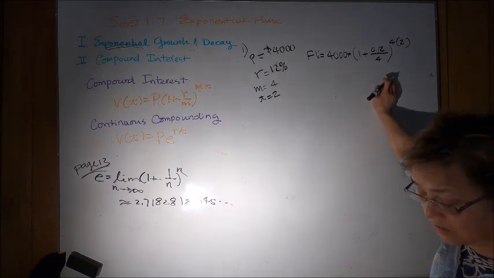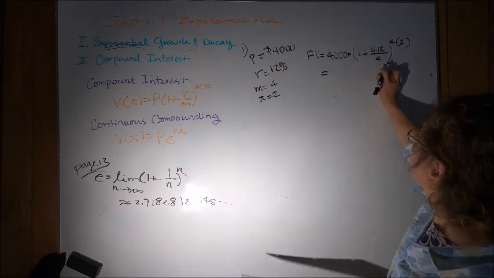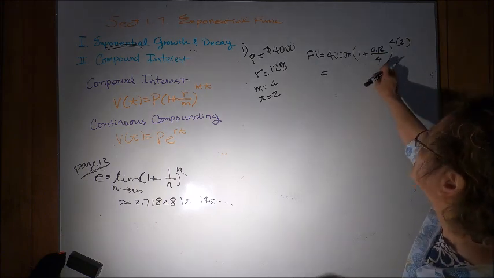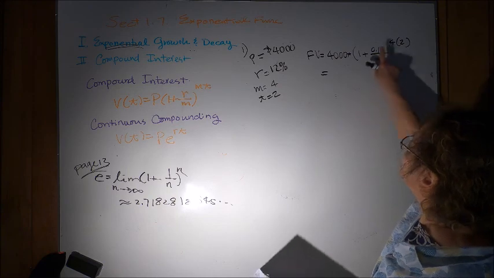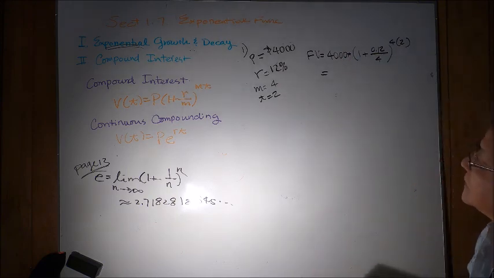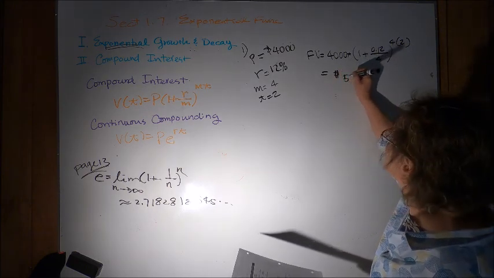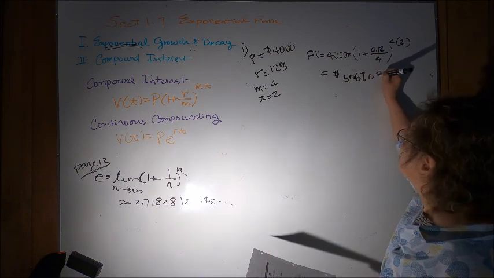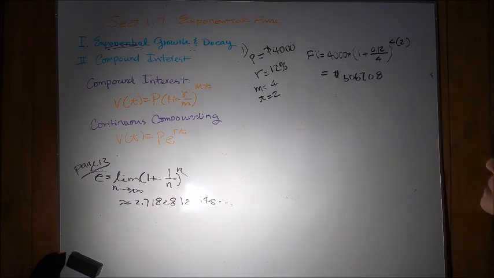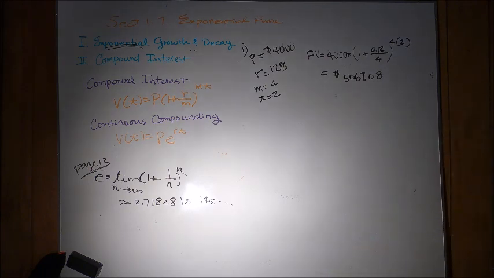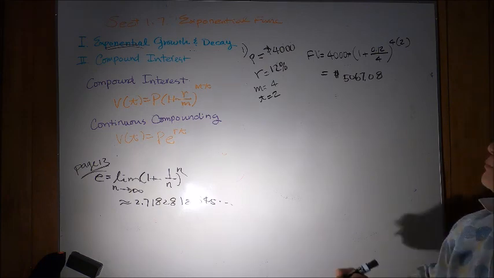If you cannot type it in one shot, do it from inside to outside: first do the power, then multiply. Then you will have about 5,000 some dollars after 2 years from 4,000. That's pretty good. So that's finding the future value.